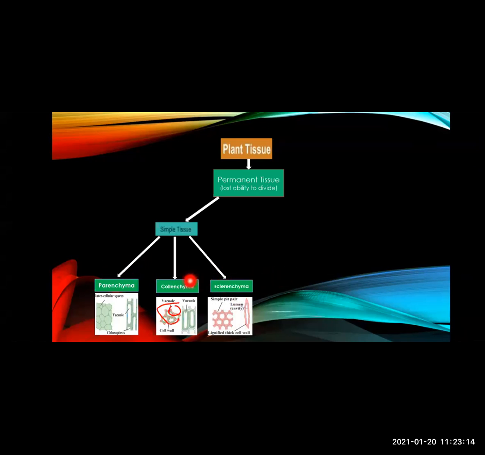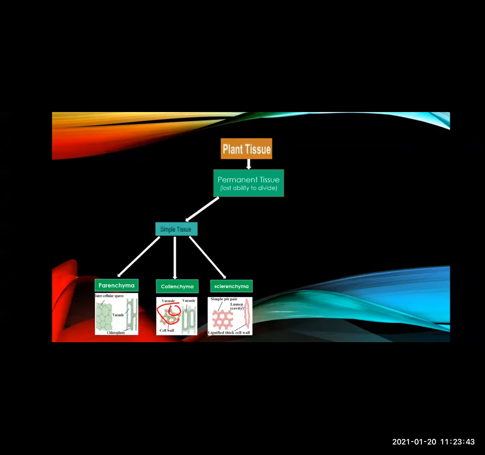The cell wall is much thicker than in chlorenchyma. This thickness is due to deposition of a substance known as lignin. This lignin gives rigidity and support to the plants. So, the function of sclerenchyma is providing support and rigidity to the plants.